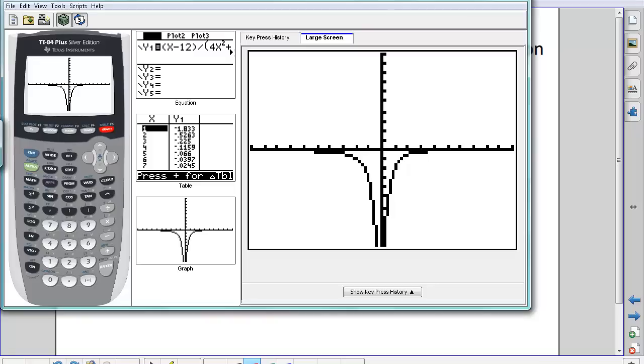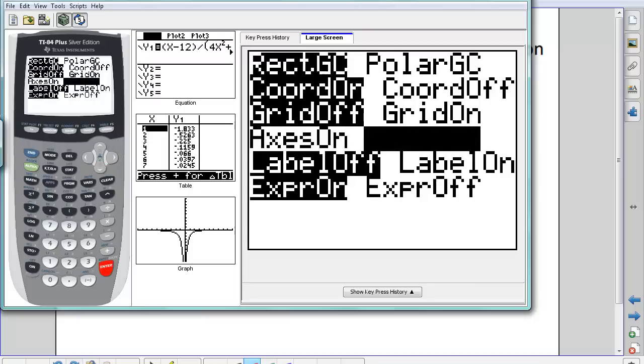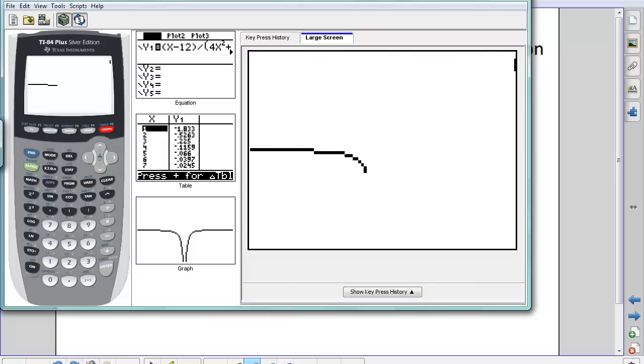And if I turn off the axes, you can kind of see that whole graph now. Remember, the x-axis was right here. Notice that the graph flattens out at the x-axis, and so that checks out. That y equals 0 is the horizontal asymptote there.